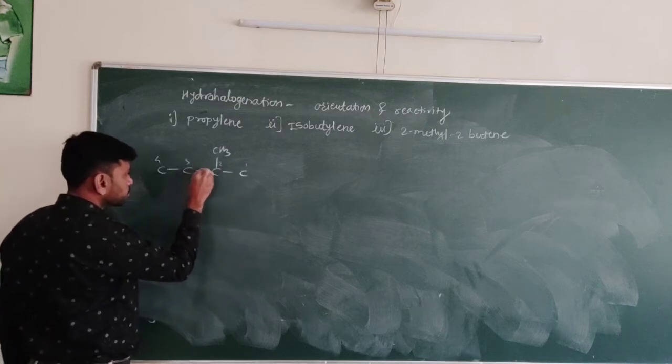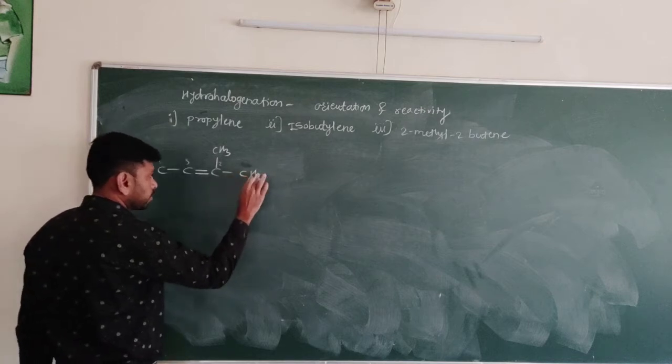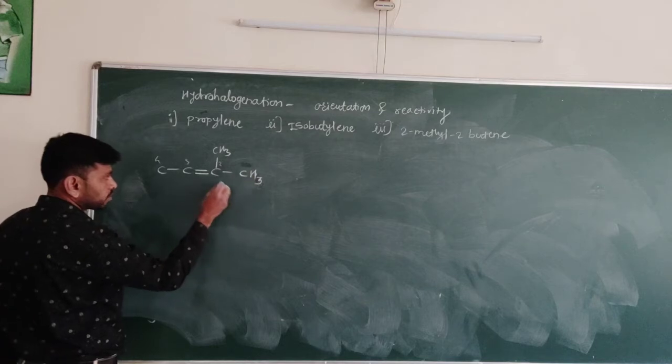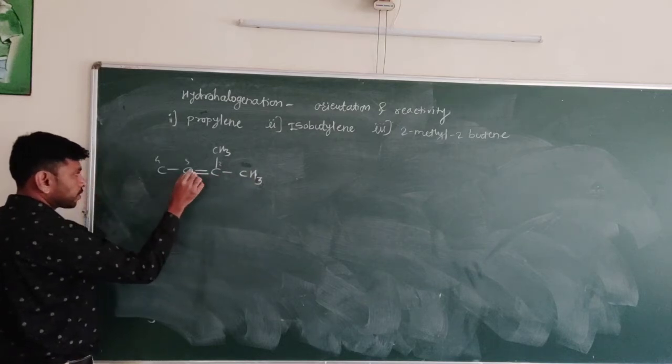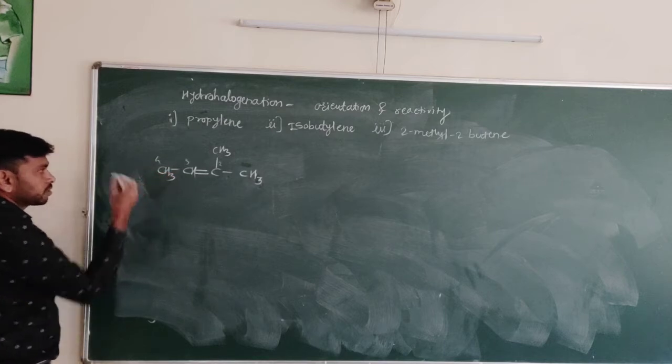So the double bond is also at position 2, and the remaining valencies are filled with CH3. Here four valencies are completed, CH, and here CH3.